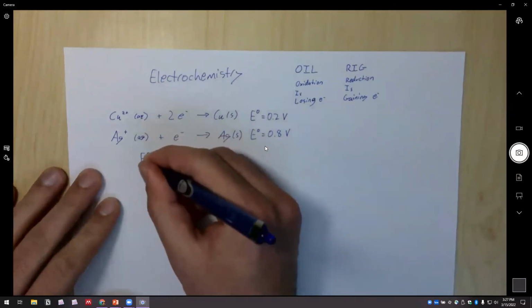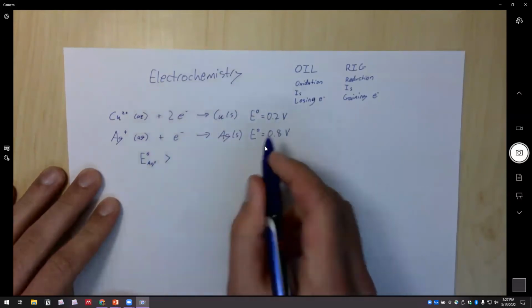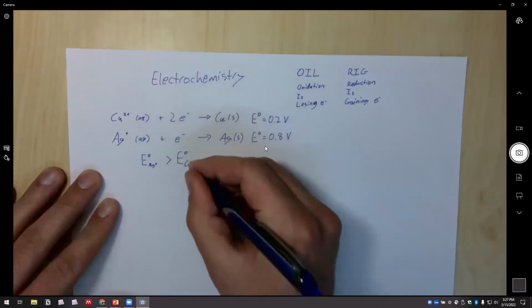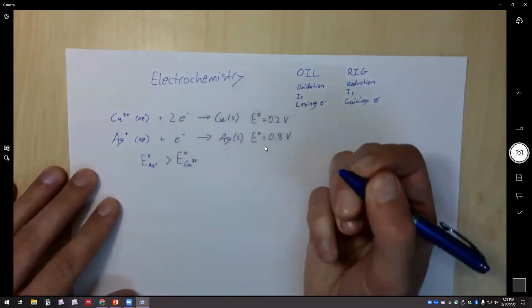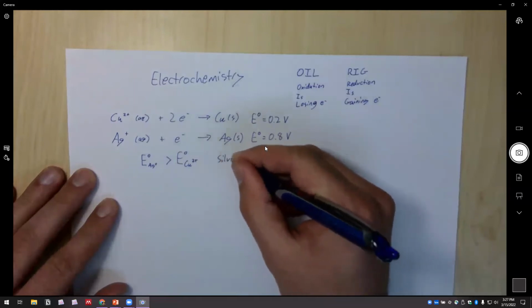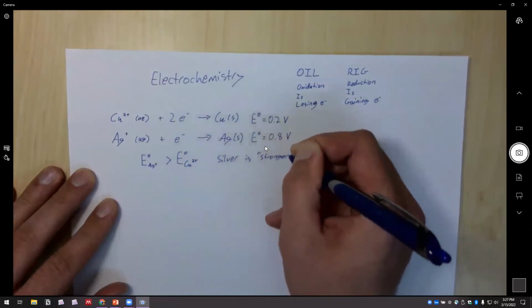In this case, the reduction potential of silver, 0.8 volts, is greater than the reduction potential of copper. So we would say that silver is stronger.